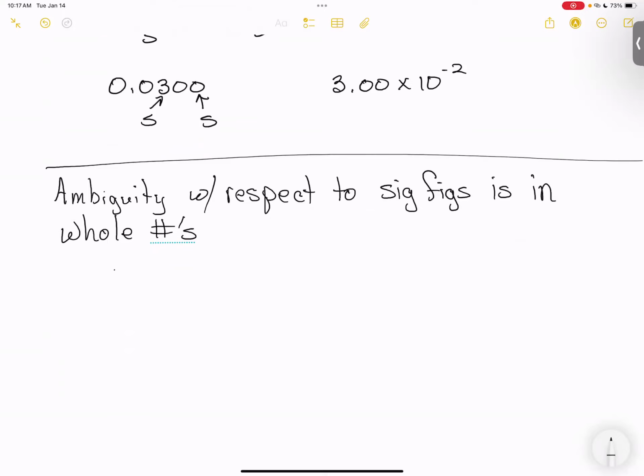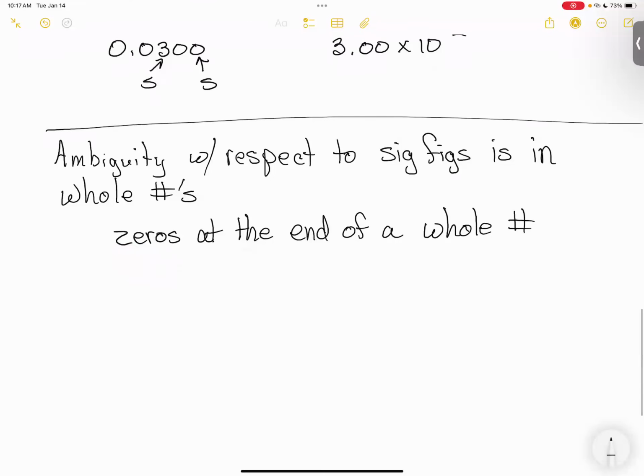So the question is, zeros at the end of a whole number. And the defining moment, if you will, is, does it have a decimal point showing, or does it not?